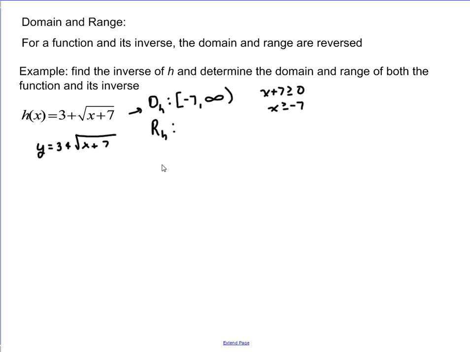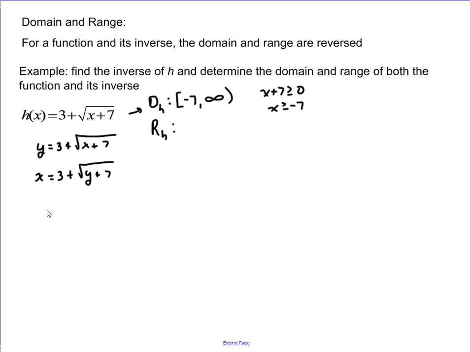So when I swap x and y, x is equal to 3 plus the square root of y plus 7, I can tell you right now that the inverse function's domain will be the range, and the inverse function's range will be the domain of the original function.